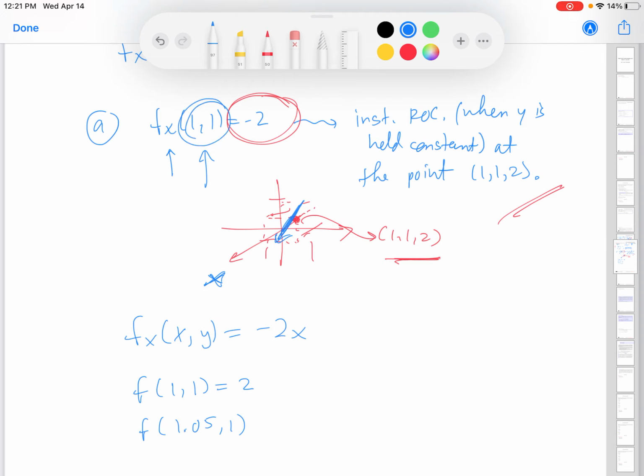And just like with normal derivatives, where you can approximate the value of the function using the derivative at the point, we would say, oh, this is approximately the value of the function, which is f of 1, 1, plus the derivative at that point times the change in x.